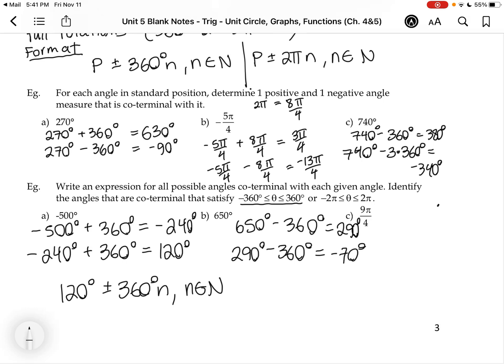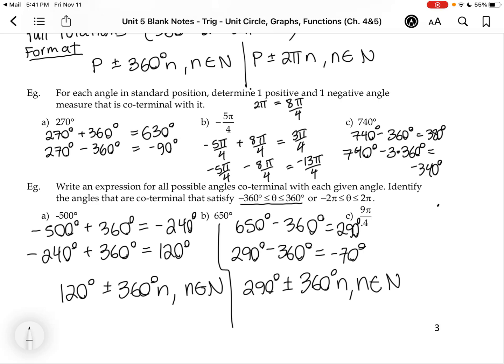If I subtracted another 360 though, I'd be outside of this domain. I'd be too low. So I'm going to stop there. The general form here would be 290 degrees plus or minus 360 degrees times n, where n is an element of the natural numbers.